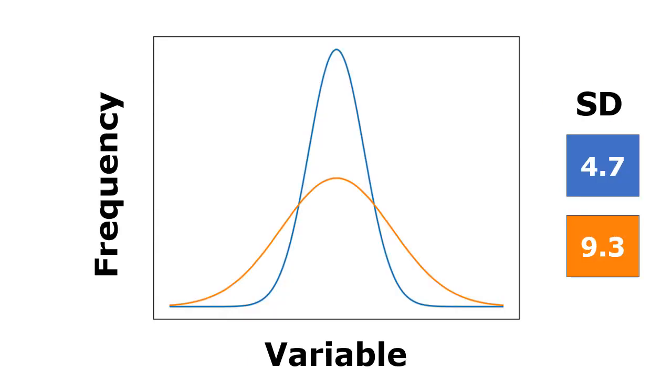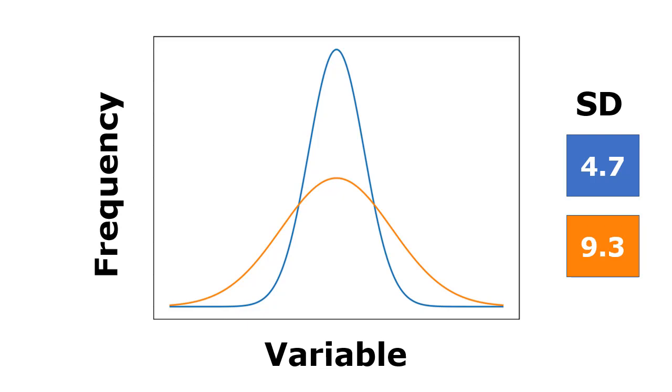Now, as I mentioned earlier, standard deviation communicates the variation in values in a distribution or from a sample. And this image shows two different shapes of values in a distribution graph. The blue line would reflect a lower standard deviation, in this case just a value of 4.7 put in there for whatever is being measured.